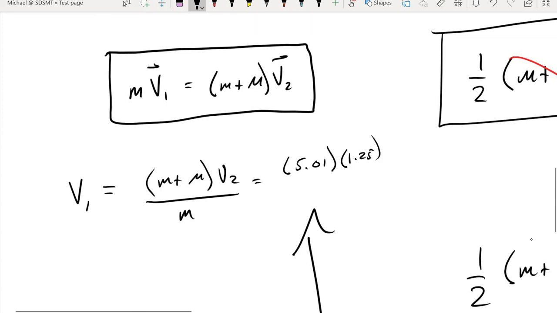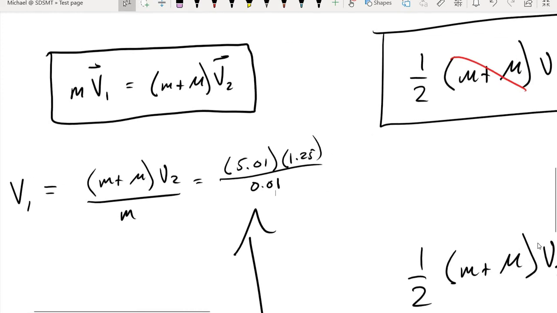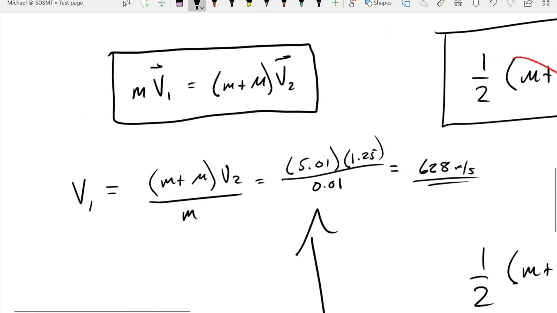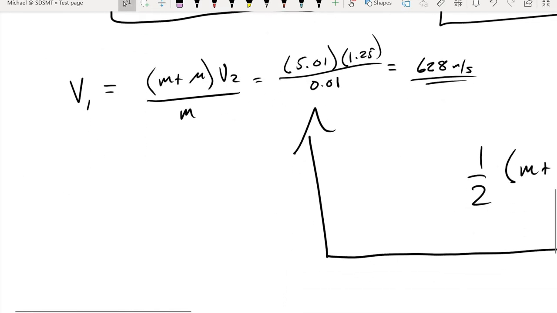We had the velocity of 1.25, but now we're going to divide that by the very small value of mass for the bullet. And that results in a velocity of 628 meters per second. So almost 6 1/4 football fields in 1 second. And so that's pretty fast.